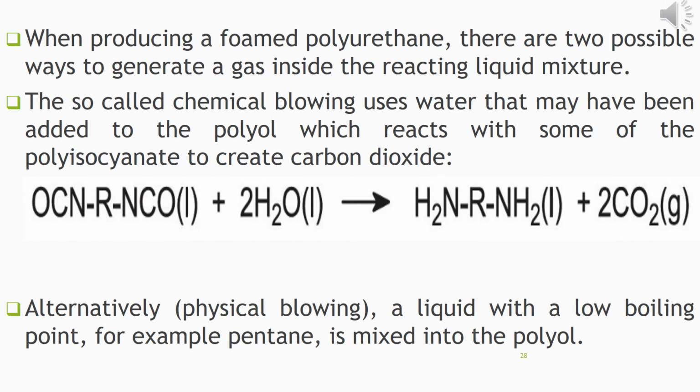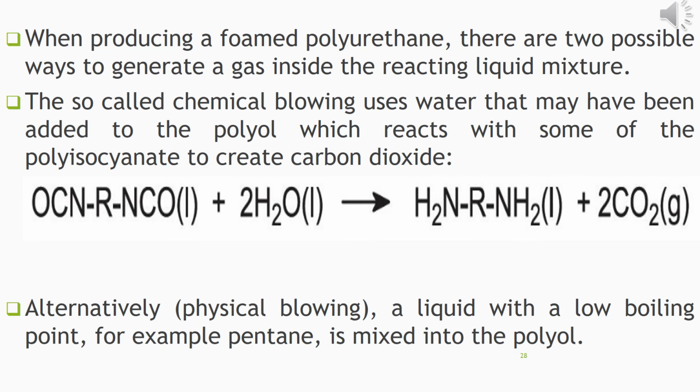Now, if we want to produce foamed polyurethane, there are two possible ways of generating gas inside the reacting liquid mixture. The so-called chemical blowing uses water that may have been added to the polyol, which reacts with some of the polyisocyanate to create carbon dioxide.